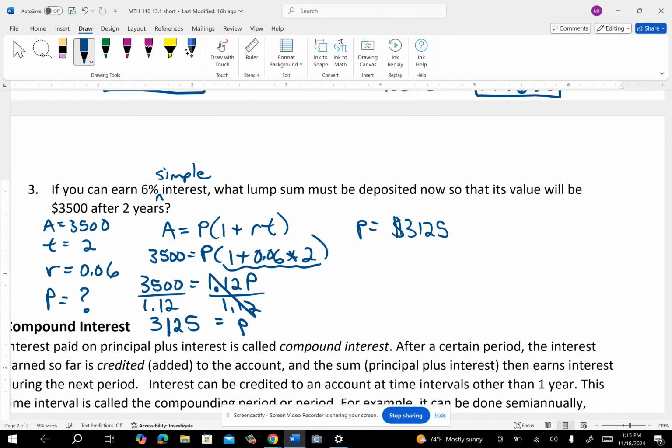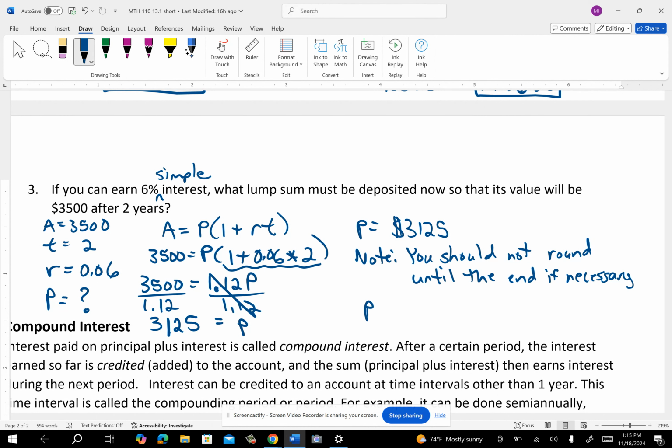So the answer to the question is $3,125, but you need to be careful. So I'm going to make a little note here. You should not round until the end, if necessary. Sometimes when you're typing that in, that 1 plus 0.06 times 2, sometimes that's not just a 2, that's some other fractional amount.